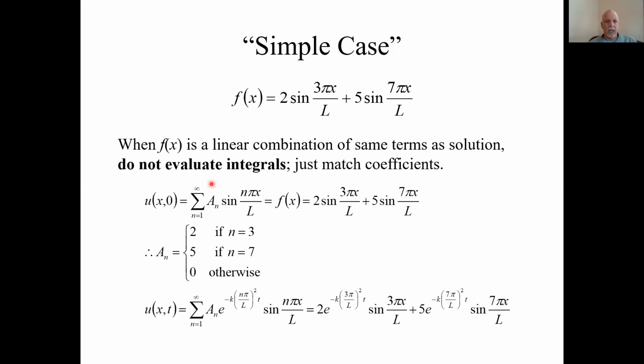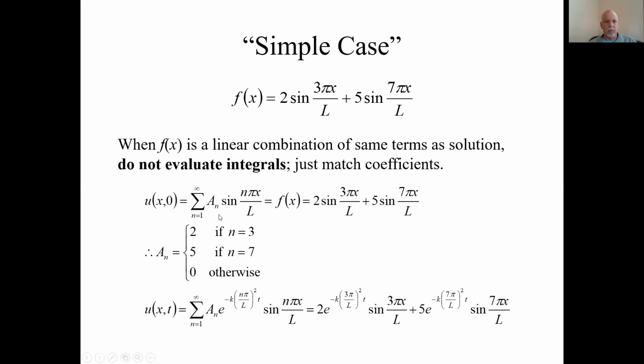Look what we had. We had this guy, our general solution at time equals 0, equals our initial condition, which in this case is that. And look, we just want to match terms. When n equals 3, I have this. And when n equals 7, I have this.